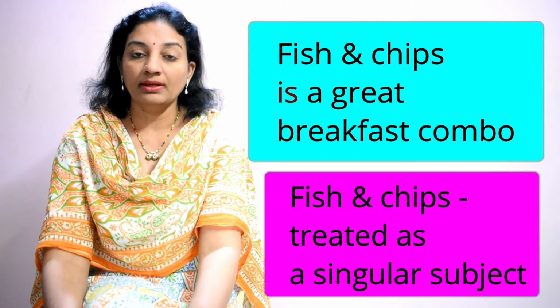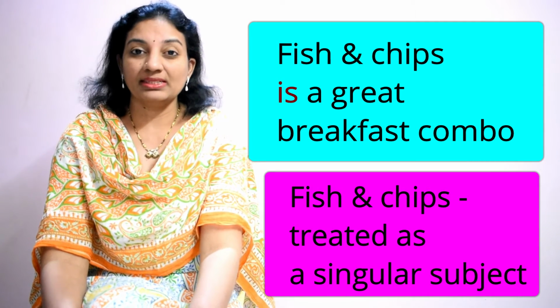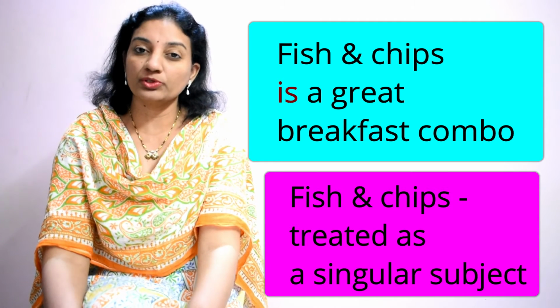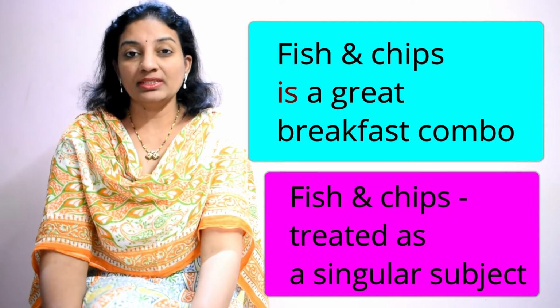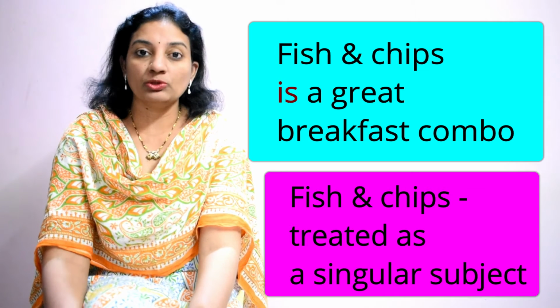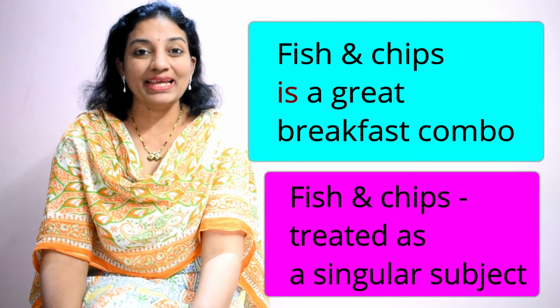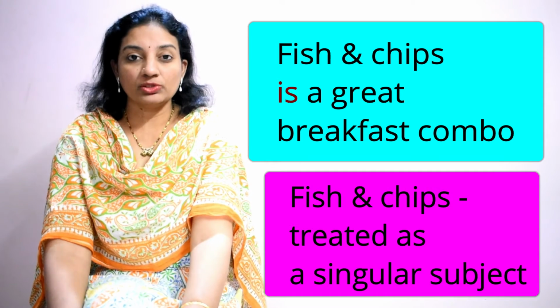For example, fish and chips is a great breakfast combo. Okay, it is a popular food combination. Though it is separated by and, we don't use a plural verb after that. Fish and chips is a great breakfast combo.